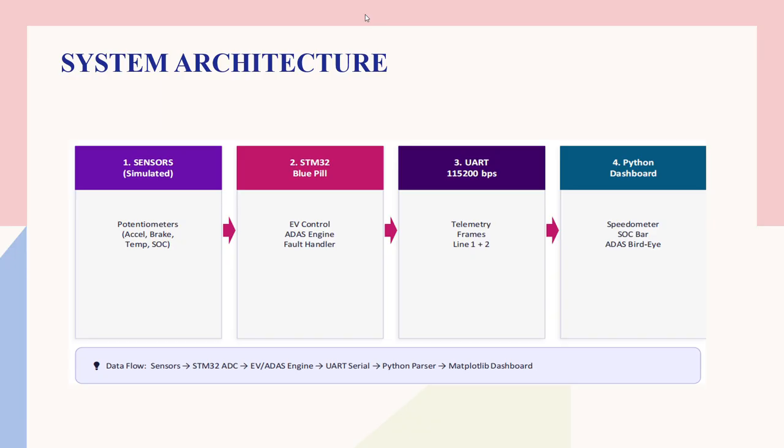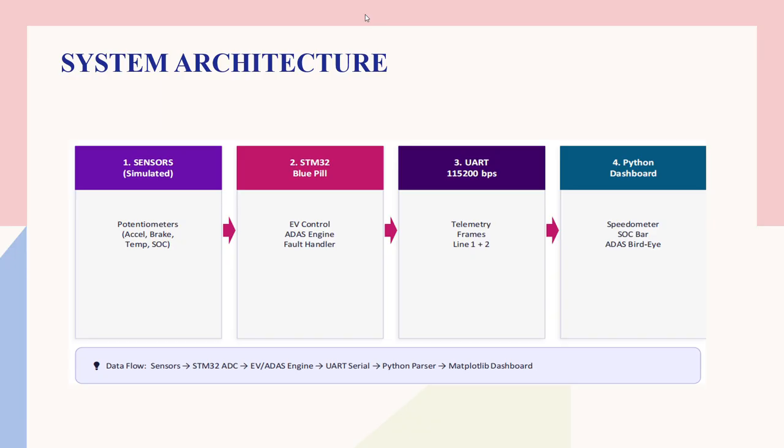Here we see the system architecture. First, we use sensors like simulated potentiometers: acceleration pedal on PA0, brake pedal on PA1, temperature on PA3, SOC on PA4. Then the STM32 Blue Pill runs the EV control, ADAS engine, and fault handler.